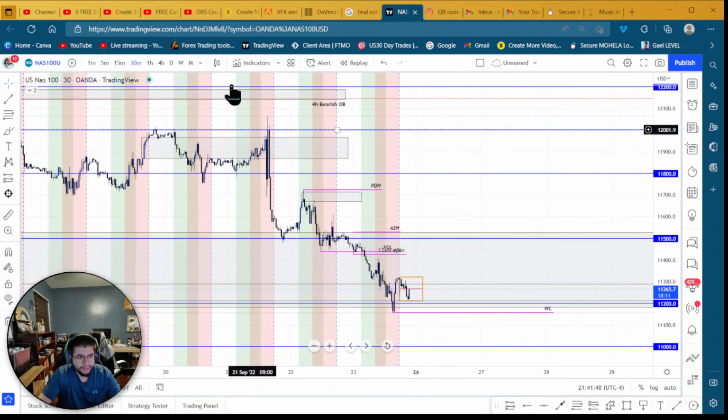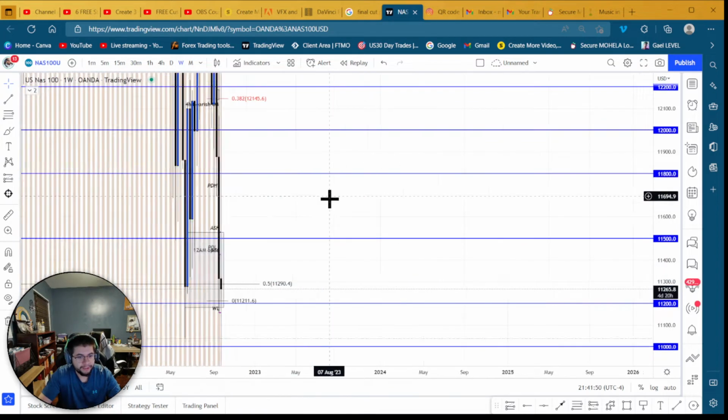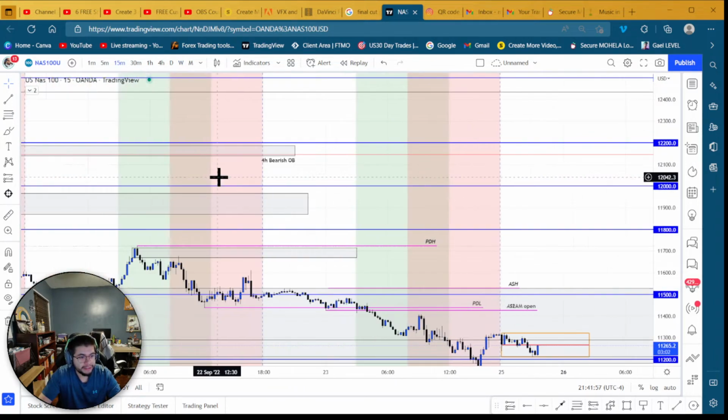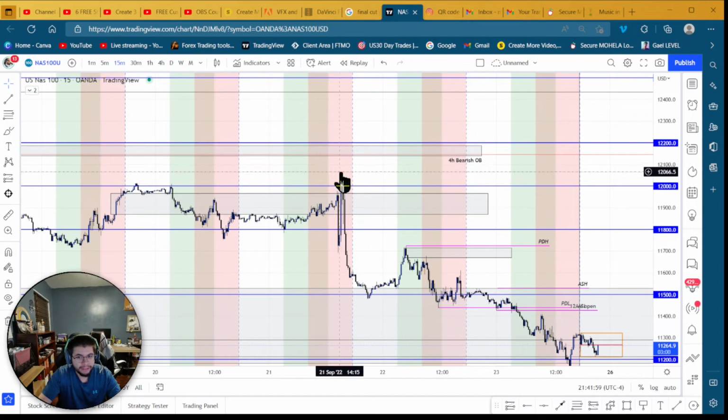So that's the weekly low, and then we'll go back to the week, see where the weekly high is at. Last week's high was at this point, 11,056. Go down to 15 minute, 11,056. Is that it? Yes, this is the high.